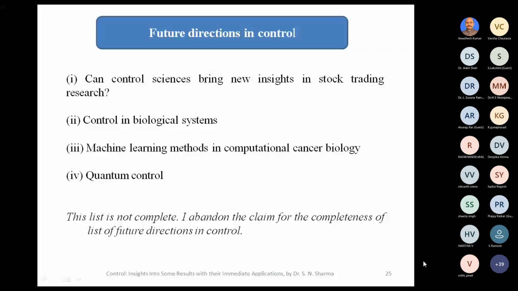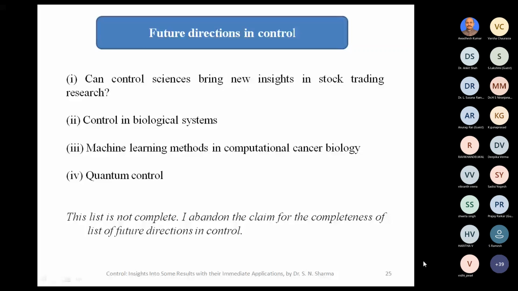These are the later parts, and perhaps for the next 20 or 30 years most people would be working on quantum control, and machine learning has become popular. Data driven control, machine learning, is linked to control in biological systems.